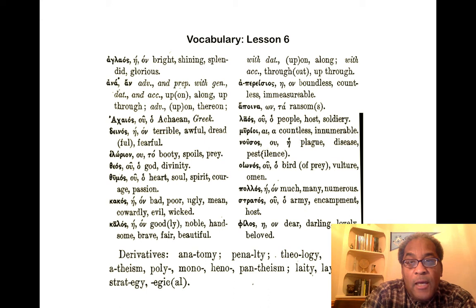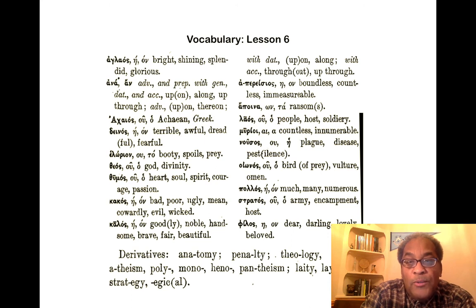Apeiresios, apeiresie, apeiresion. Apoina, ta apoina, neuter plural word. Laos, laou, ho. Murioi, muriai, muria, an adjective that only occurs in the plural.